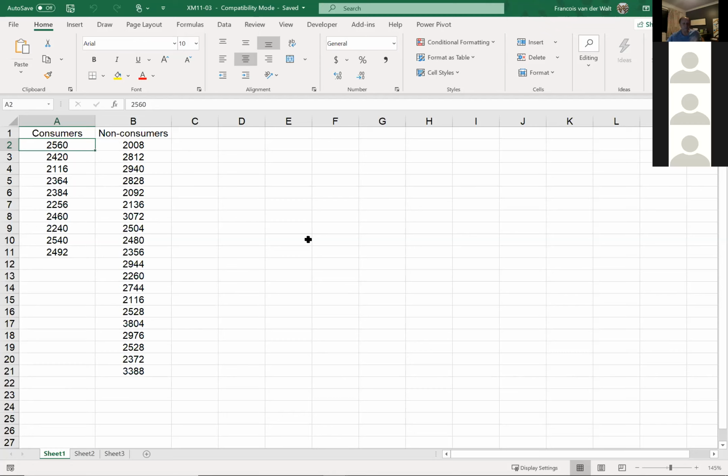Okay, do you understand the problem? These are people that eat breakfast cereal, and these are people that don't eat breakfast cereal. And the theory, the thing they want to test, they say people that eat breakfast cereal eat less for lunch than people that don't eat it. So it has an impact on diet.